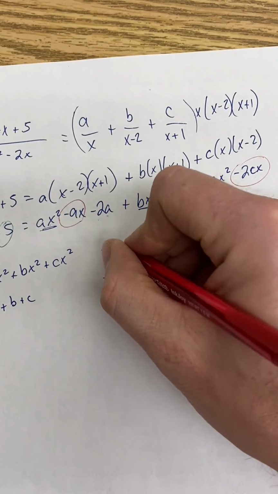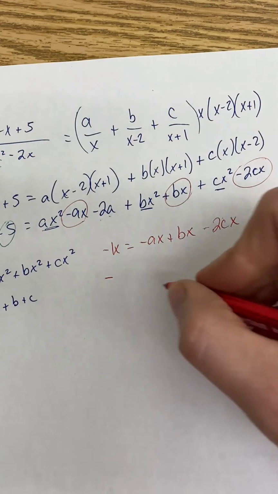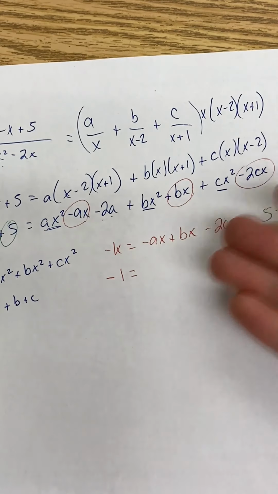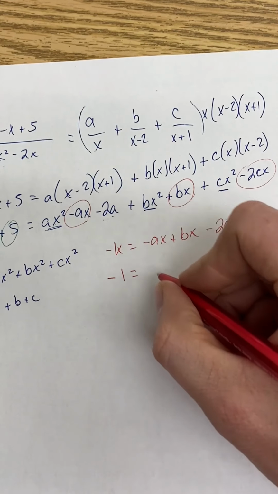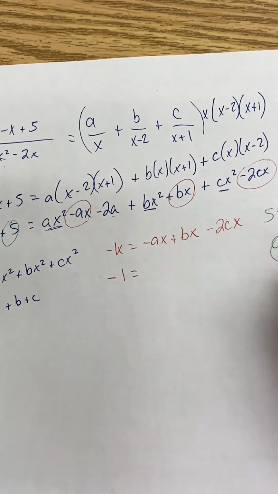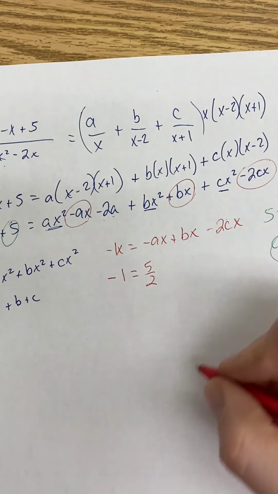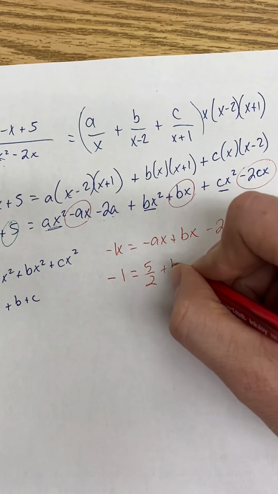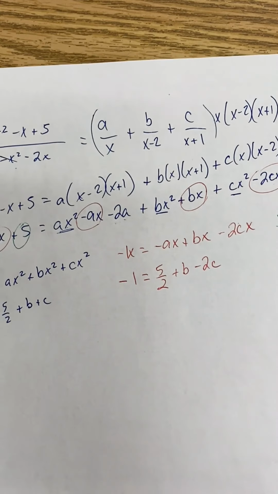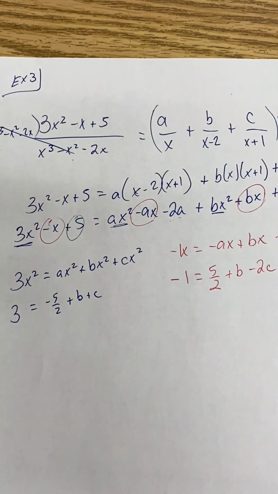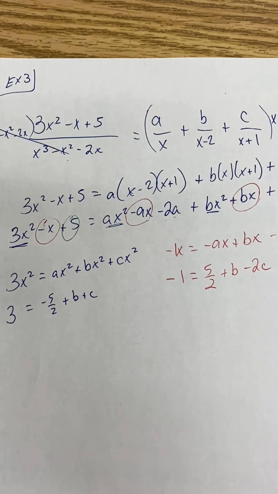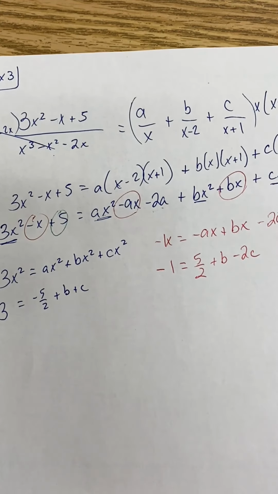So negative 1x, it's kind of understood 1, don't forget that. So negative 1, because I'm going to take the x's out of all these, is negative a, which is negative 5 halves, so positive 5 halves. Be careful with that sign there. Plus b minus 2c.